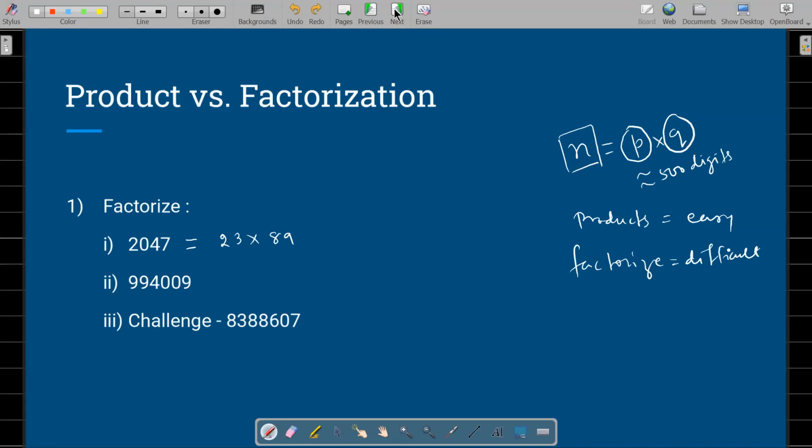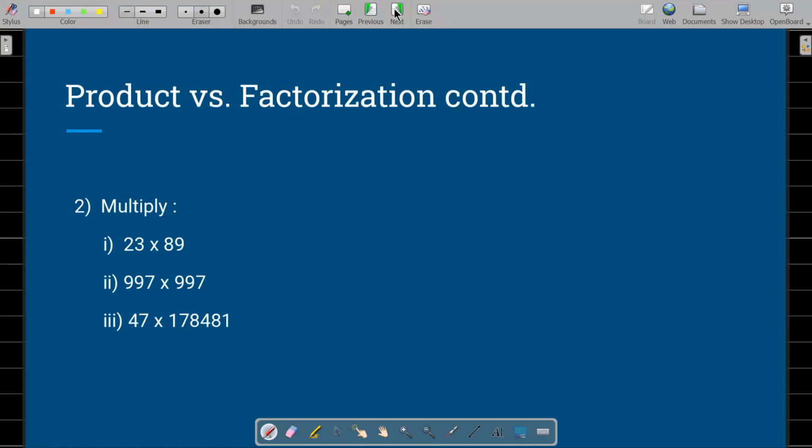Now actually multiply these numbers, and you see multiplication is easy. It will take less time than factorization.